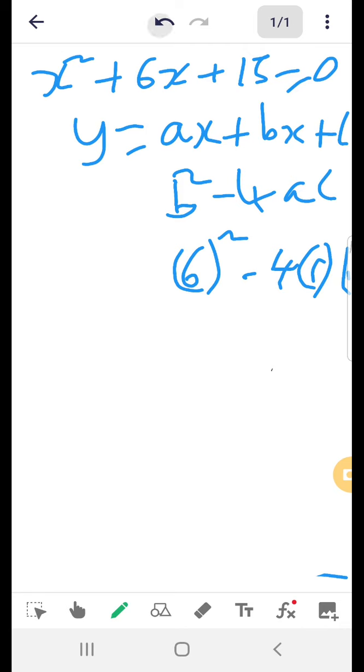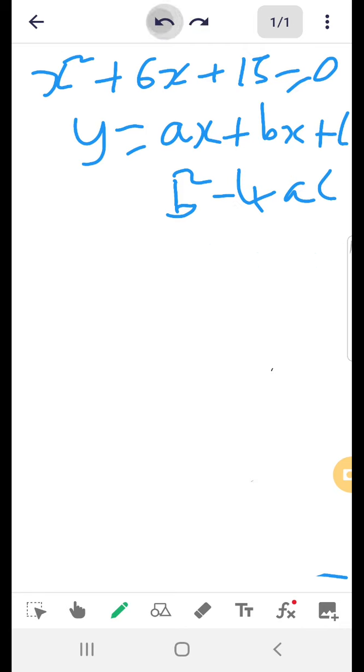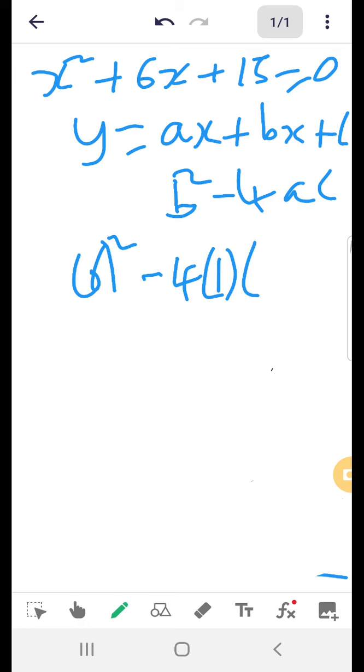Let me just create more space. So I'm going to put my 6 here, squared, minus 4 multiplied by 1 multiplied by c, which is 15. So 6 times 6 is going to give us 36.